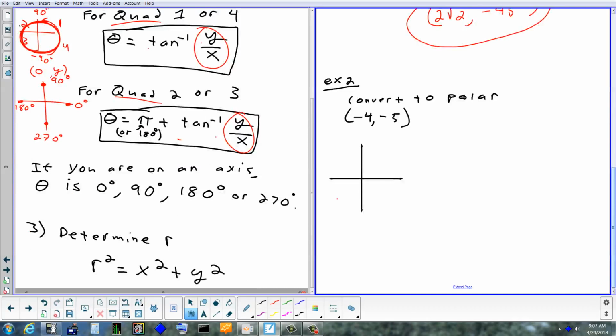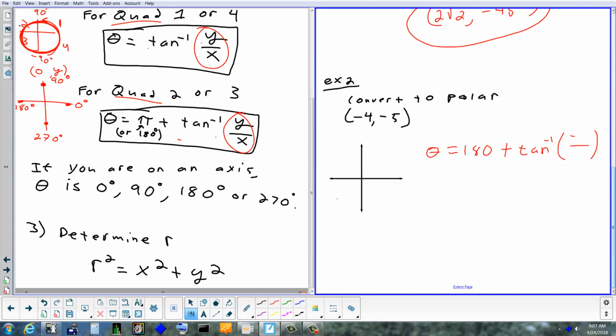And if I'm in quadrant 3, is that the one where I have to add the 180? Yes. So theta, if you're doing it in degrees, if you want to do radians, you'd put plus pi. 180 plus, and Kyle, can you tell me what would go inside there? -5 over -4.